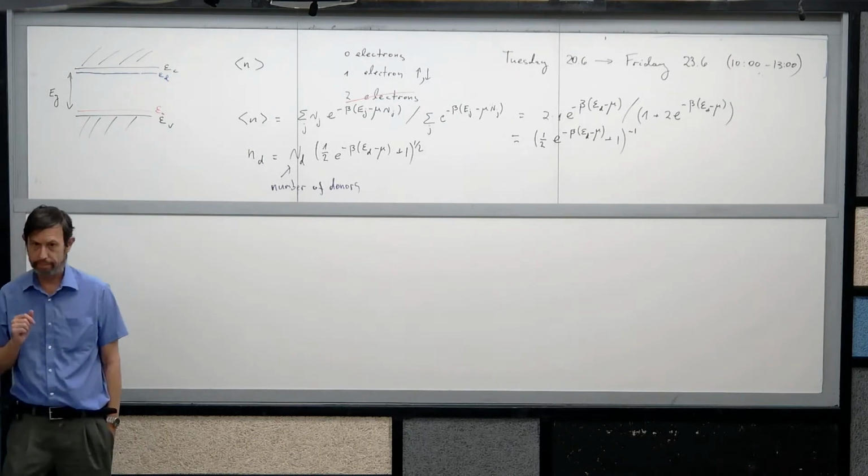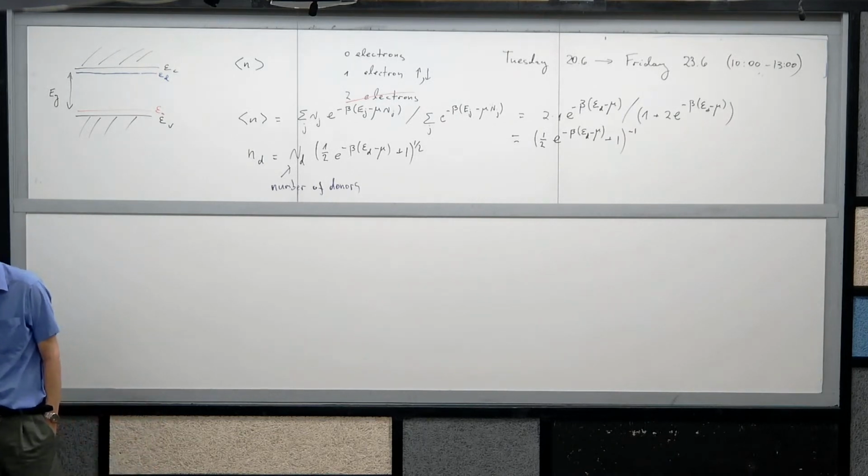Okay, what can happen in the acceptor level?